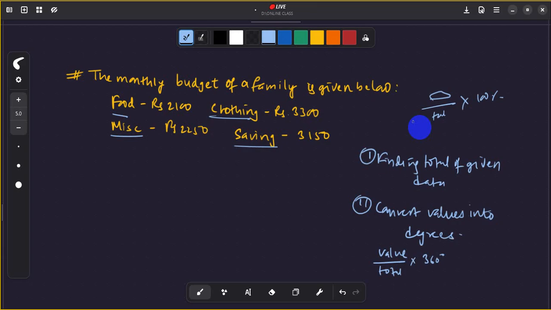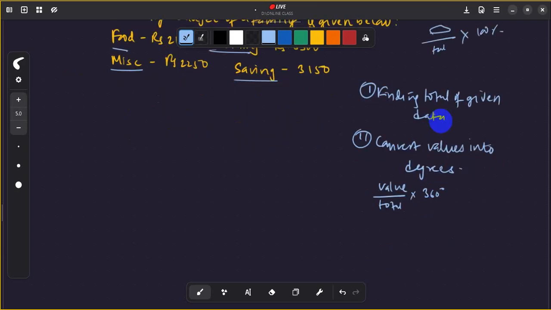The third step is, after finding the degrees of all items, we construct a circle.